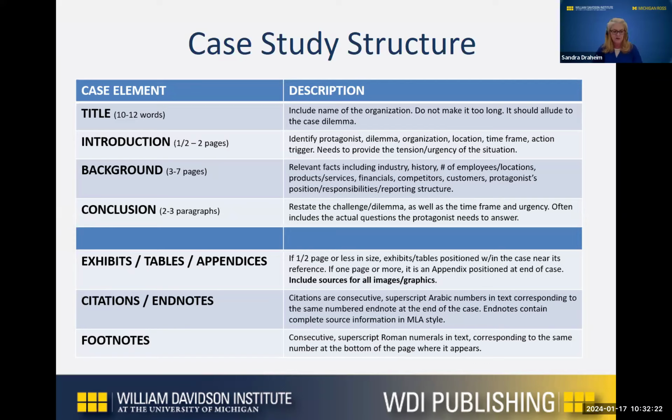There are other parts of a case listed on this slide: exhibits, tables, and appendices. These are what I call visuals or graphics that can be included in a case. I remind you that any exhibits, tables, appendices, or figures all have to have sourcing listed beneath the image.